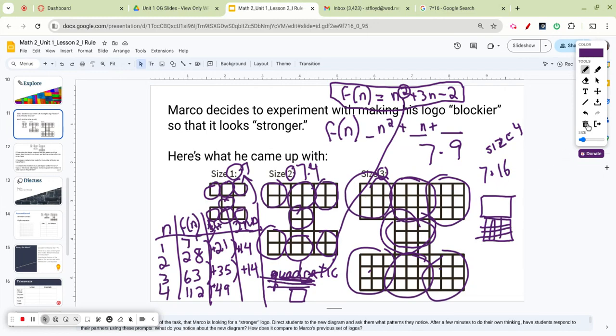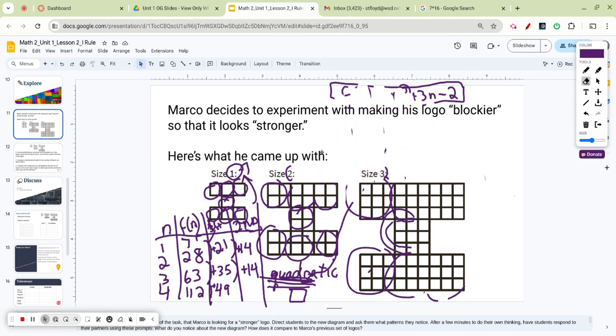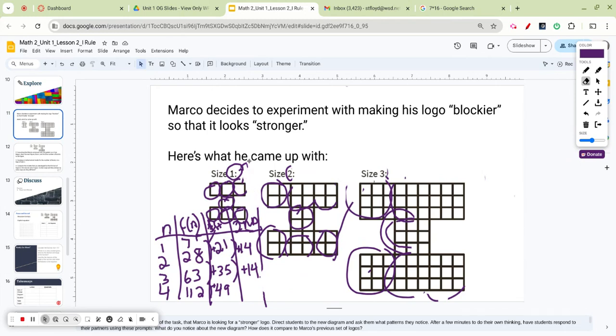Let me erase some of this. Oh my goodness, there's a lot on here. I don't want to erase everything because it's just so much. Let me try to erase some of this though. Let's figure out what this is supposed to be. Let's get some of this cleaned up a bit.